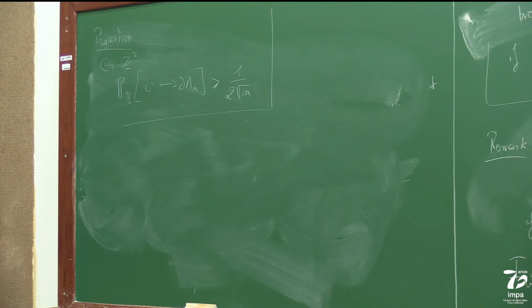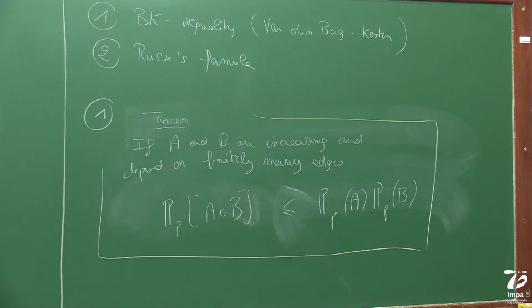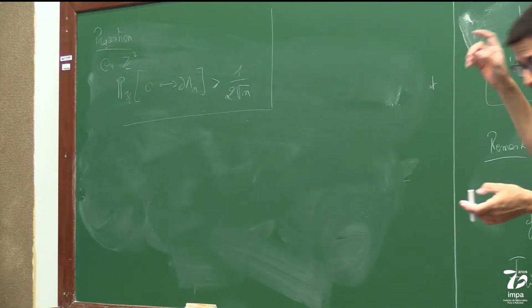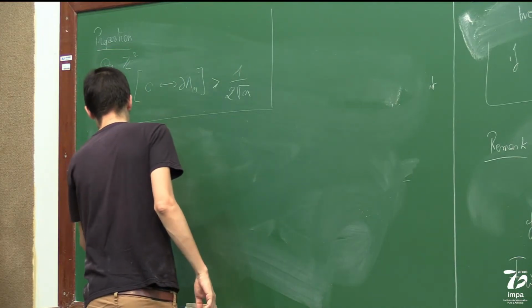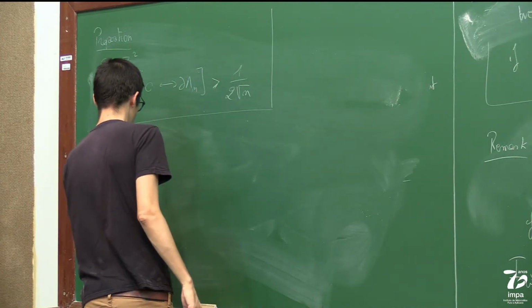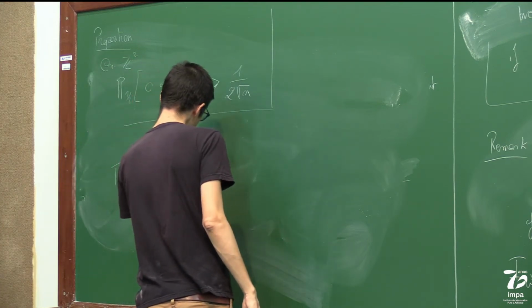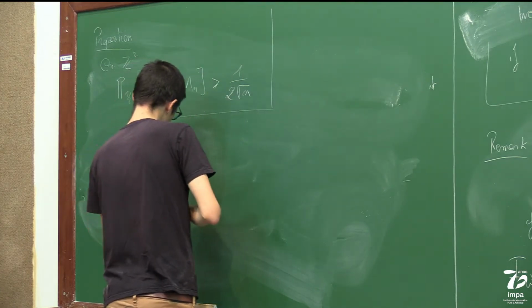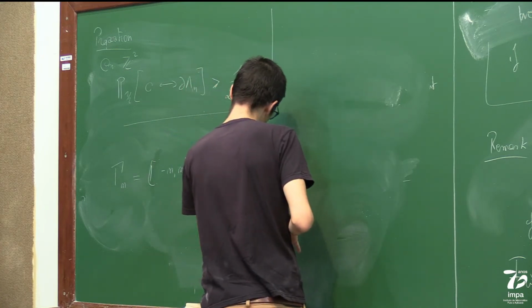Okay, so what's the connection with the FKG inequality? Well, let's remember the kind of thing we considered to prove a lower bound on this in the first place. So what we were considering is gamma n, which was, I think, something like minus n times 0 to n minus 1.